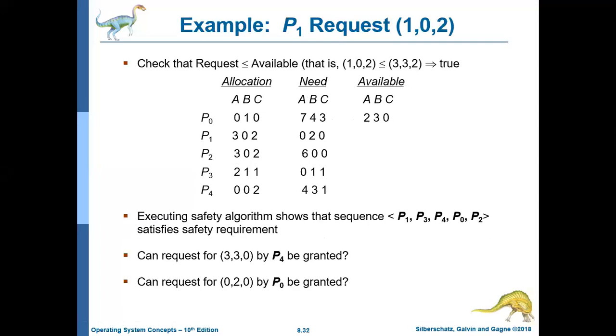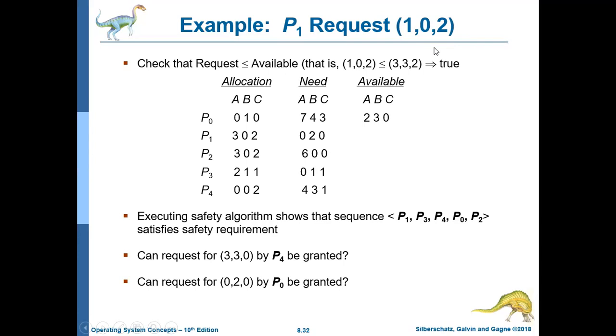Now, moving forward, in the same numerical, the current system state is the same as in the previous problem. Now we need to check: P1 is requesting resources, placing a request for 102.